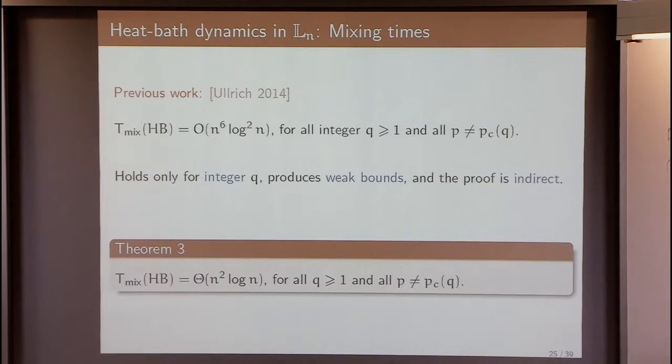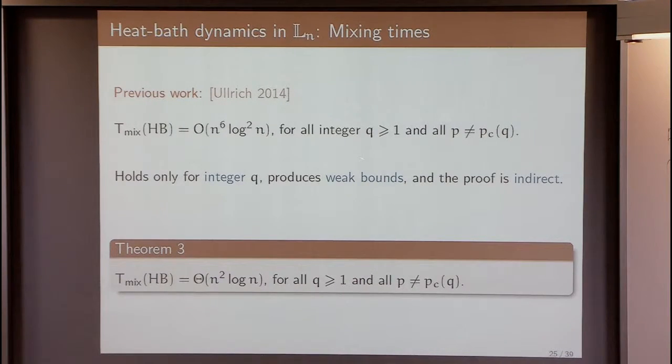Okay? So there is some previous work, this result of Ullrich. This is a more general result, but when applied to the heat bath in situ, we get this polynomial bound of n to the 6 log squared, and this will hold for all integer values of q and all non-critical values of p.